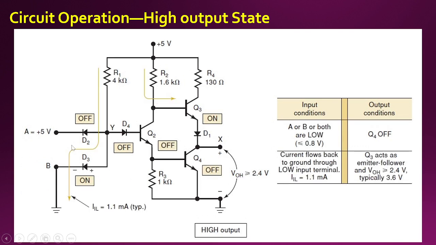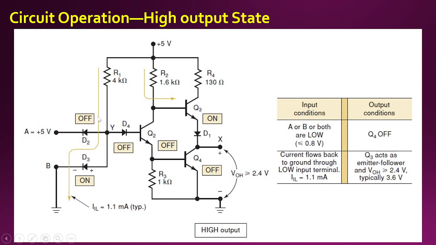Now let's have a look at another situation where any one of the inputs is switched on. In this case diode D2 is again off because the N side is connected to +5, and the P side is again biased through R1 to +5.